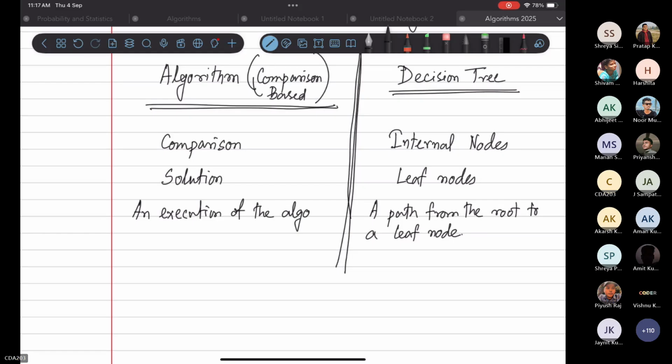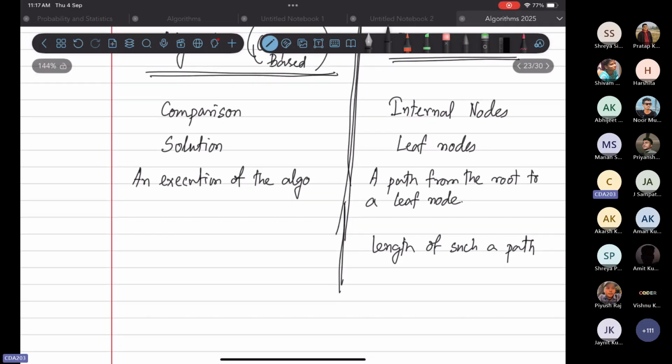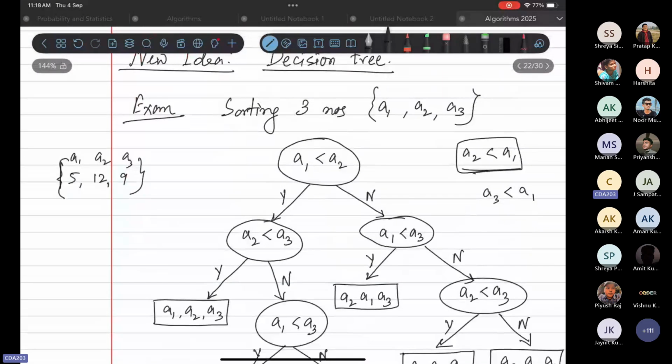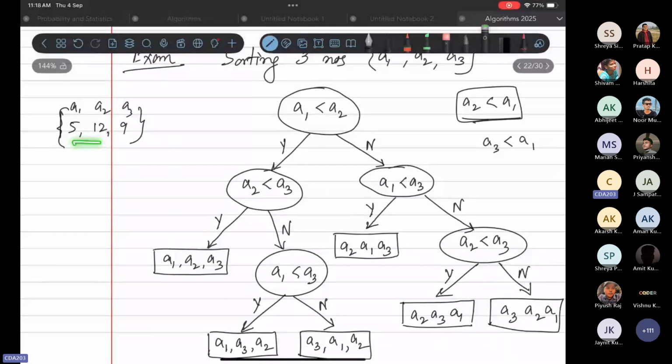Is this clear? Now let's come to the length of such a path. What does that represent? Oh, it's not clear. So I'm saying when you give me a specific input, I have to execute our algorithm on this input.